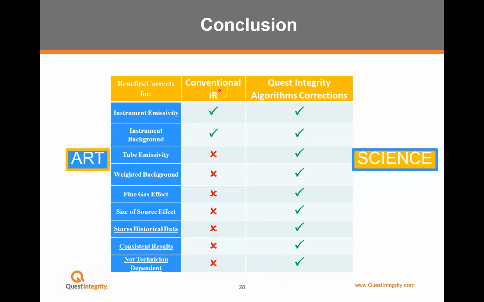As you can see with conventional IR, there's really two factors that we correct for. With Quest Integrity's algorithm corrections, we're not only able to correct all of these, but even nowadays with restrictions with Corona, now that technicians can't just travel anywhere they want and do the same jobs they used to do, similar to what I used to do back when I first started with Quest, we're able to train any technician using any camera, whether it's on-site or virtually, to be able to do the work and get consistent results.